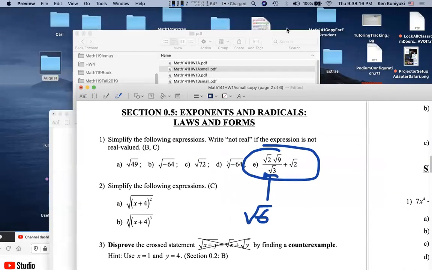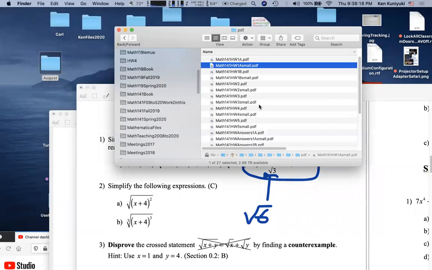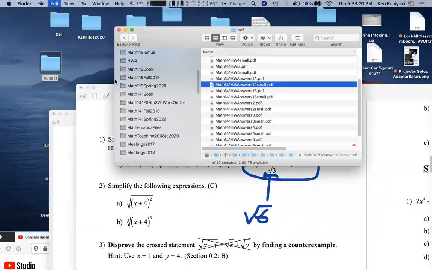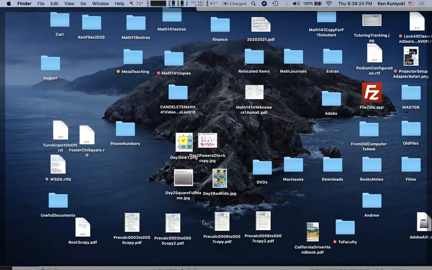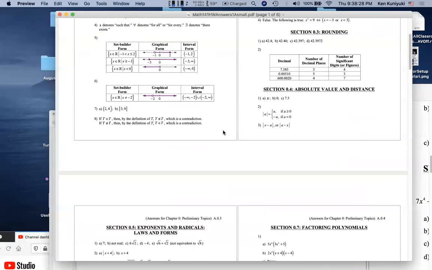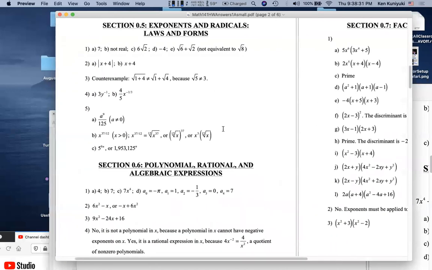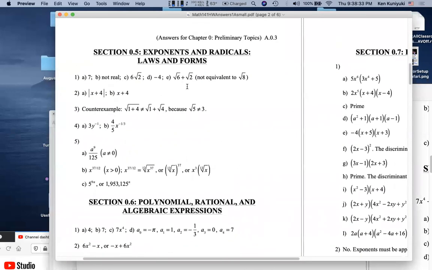I do have the answers, by the way, also. Let me grab the answers here. Root 6 plus root 2, which is not root 8. Remember, you're not allowed to add radicals like that.